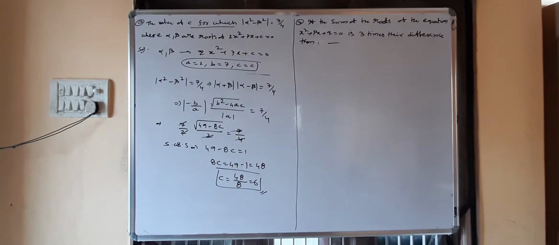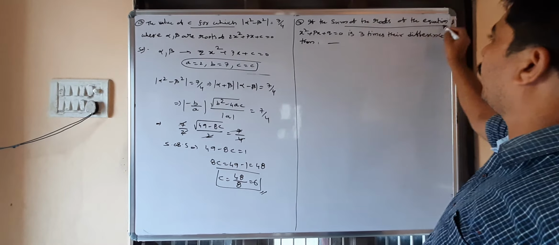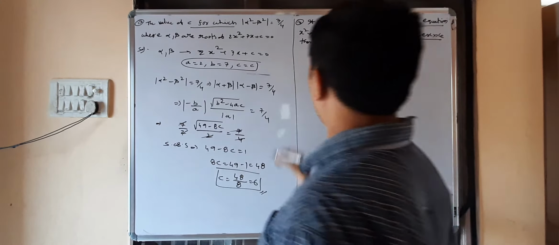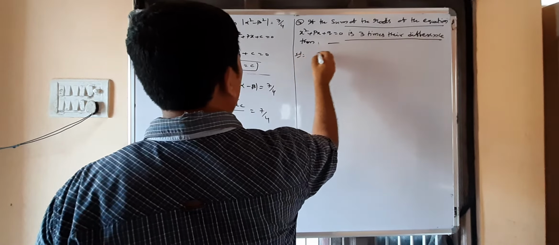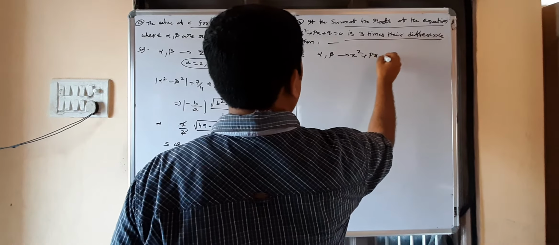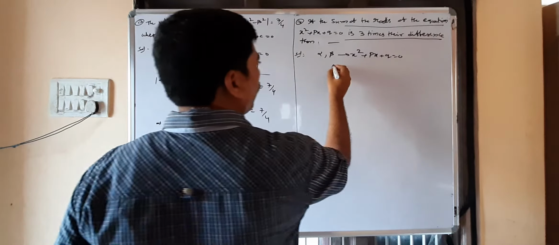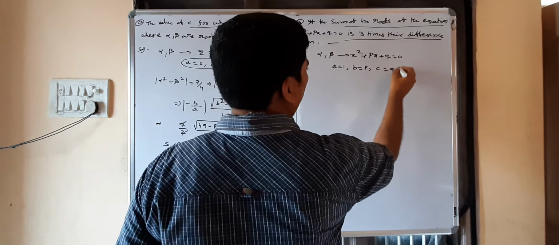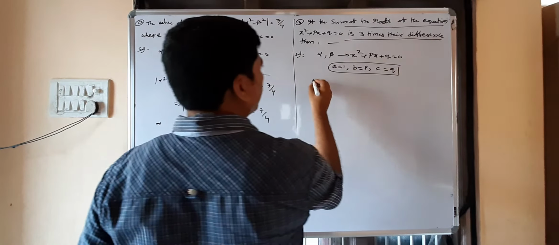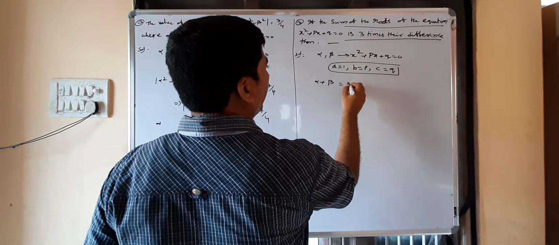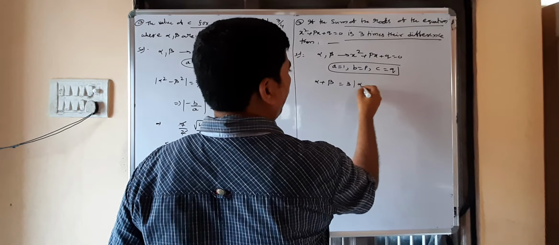Coming to the next question. If the sum of the roots of the equation is 3/10 of the root difference, I will take alpha, beta as the roots of x square plus px plus q equal to 0. Coefficient of x square a is 1, b is p, c equal to q. Given sum of the roots alpha plus beta equal to 3/10 of the difference, that means mod of alpha minus beta.